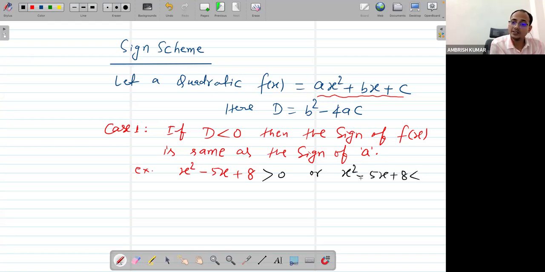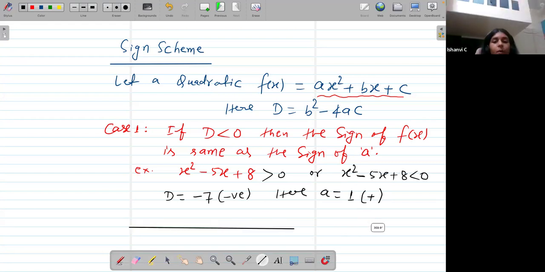So see, both the answers we can get in one go. First we calculated the discriminant. You told me the discriminant is -7, that is negative, right? Now, what is the value of a here? The value of a is how much? 1, right? 1 means it's positive 1, right?